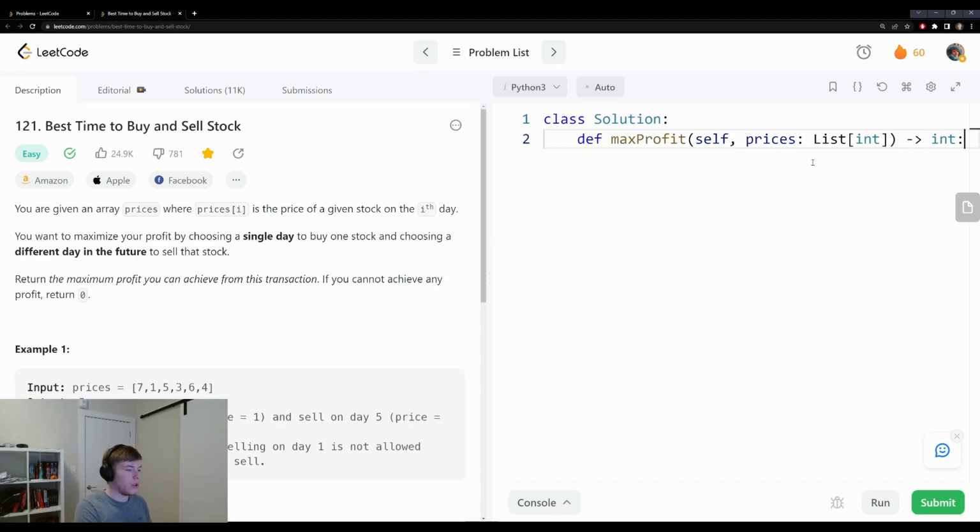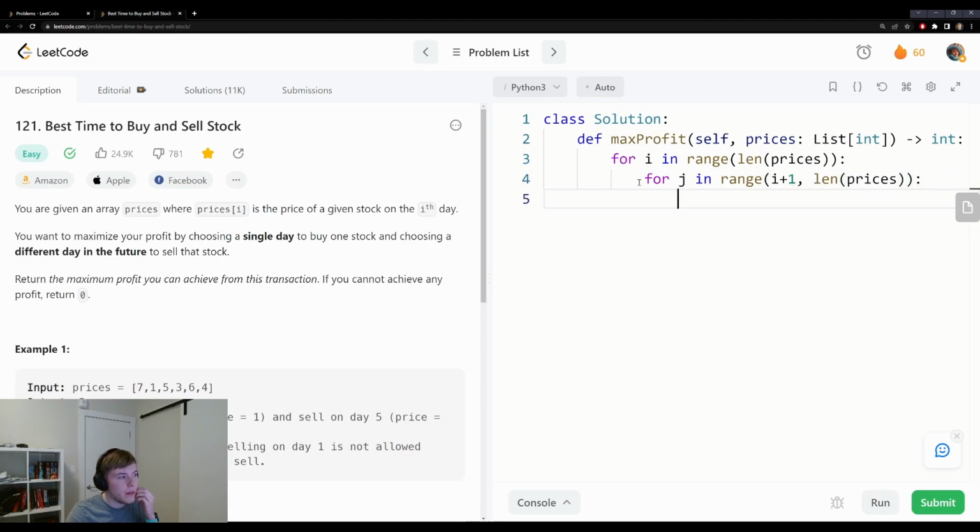Okay, so essentially what we're going to want to do is, I guess what you could do if you really wanted to do the naive solution is go through each of the days. So for i in range(len(prices)), and then for j in range(i + 1, len(prices)).